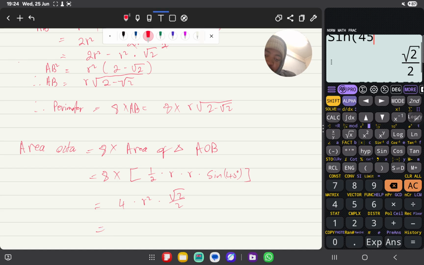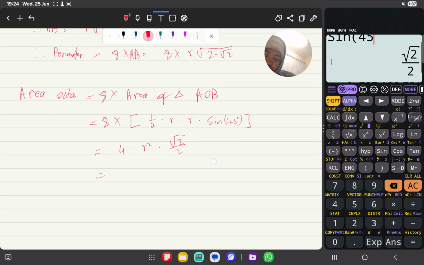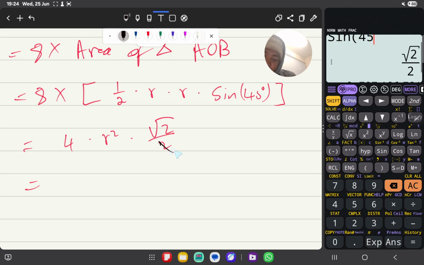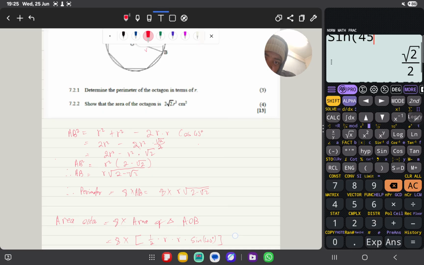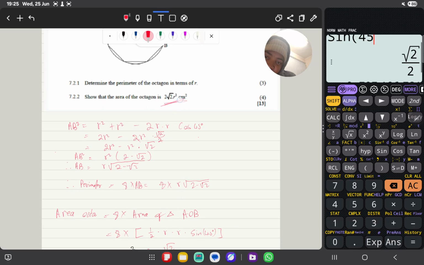And then I multiply the 4 by 2. So this 2 will be gone, we have 1, and here we'll have 2 after the division has happened, and therefore the final answer is 2r squared square root of 2. Let us see. It matches exactly 2 square root of 2 r squared.